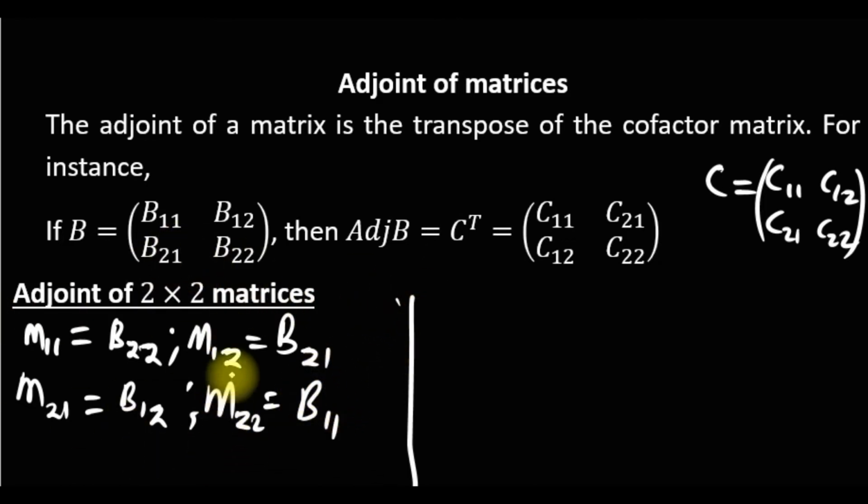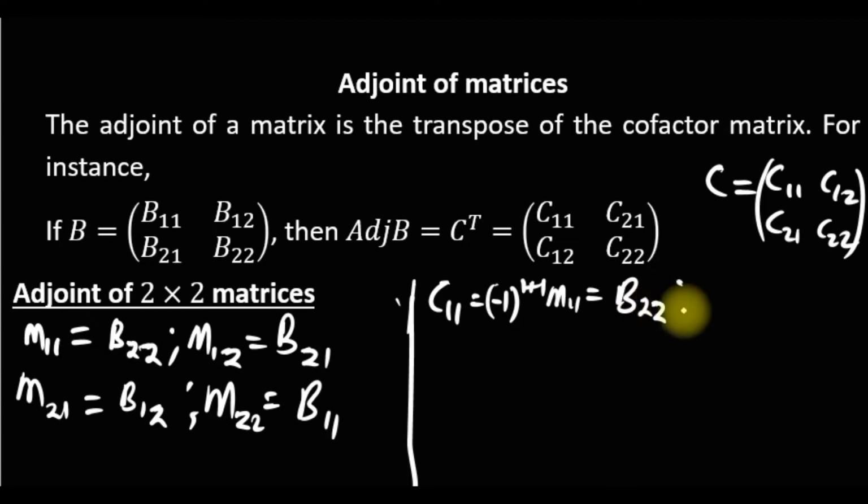So we've gotten our minors. So our cofactor, remember cofactor C11 is minus 1 raised to 1 plus 1, M11. So this is positive. So this is now B22. So for C12, this is already negative. That is, the sign is negative. So C12 will be negative M12, which is minus B21.